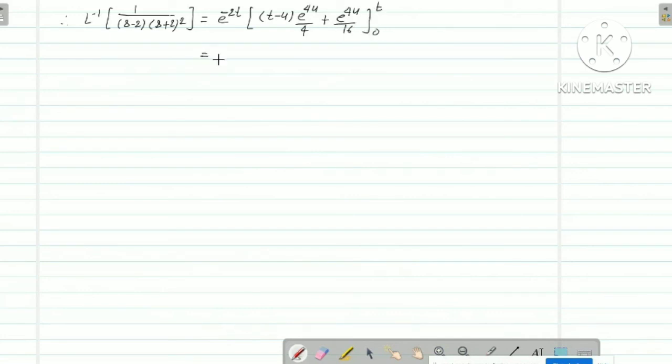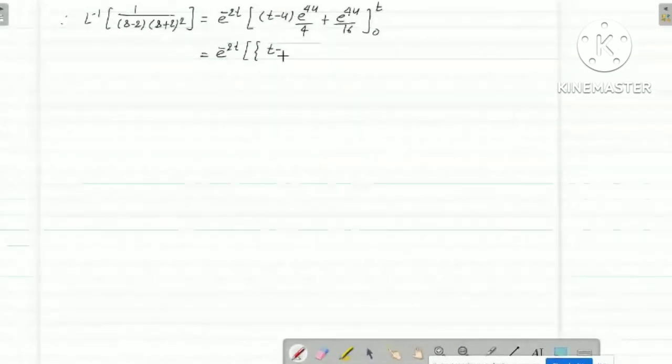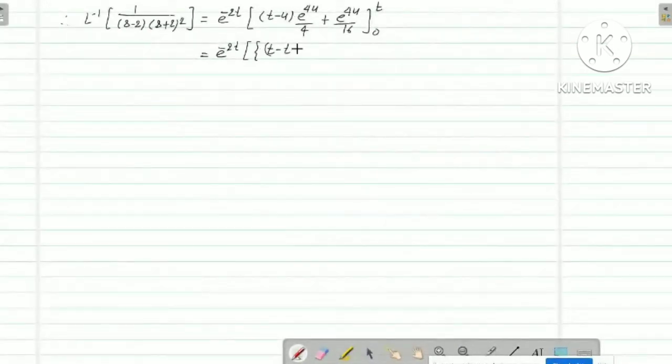Now providing limit, upper limit first, so e raised to minus 2t, open bracket, instead of u we put t, so t minus t, and e raised to 4t by 4, plus e raised to 4t by 16.